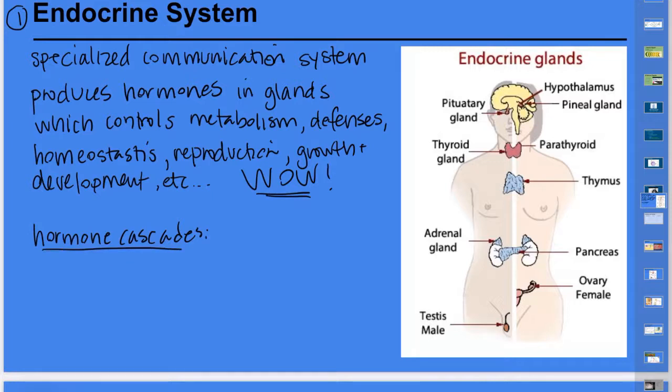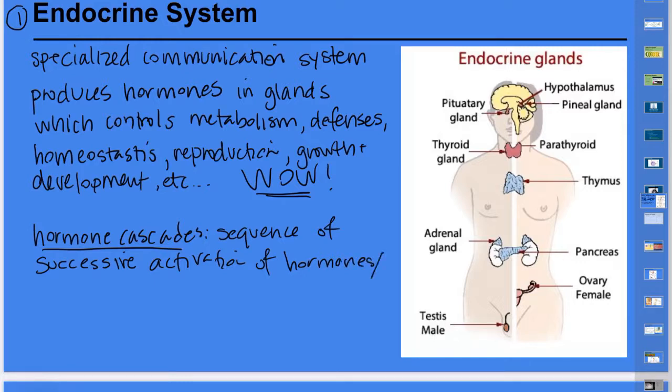One of the things that it does is it talks to itself in what are called hormone cascades. These are sequences of successive activation of hormones, or hormone production, where one gland will produce some hormones, and then it's going to tell another gland to make some hormones, and then still another.